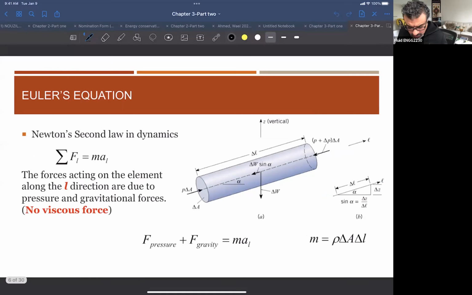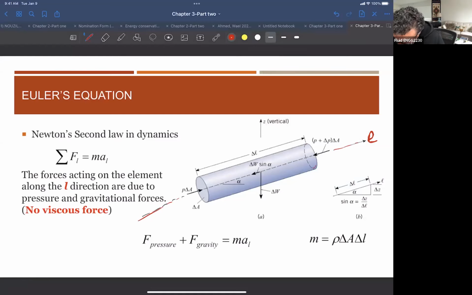In order to understand how the Euler equation is developed, I'm going to go a little bit deeper here because it's very important. So what we have is an element. Let's talk about an element like this. Imagine this is your L, the longitudinal length along the direction of the fluid flow.